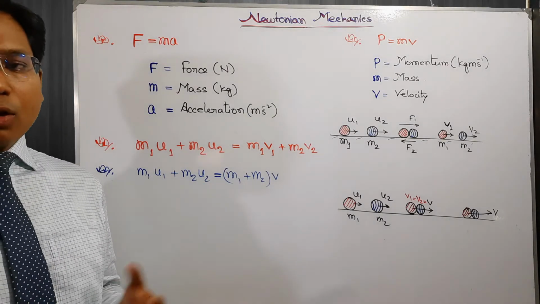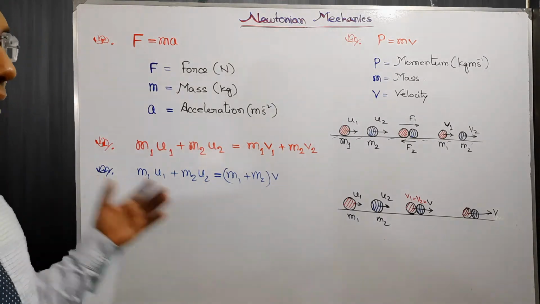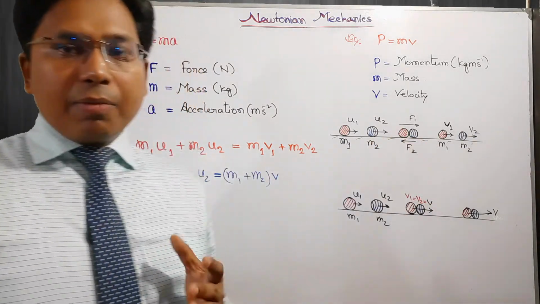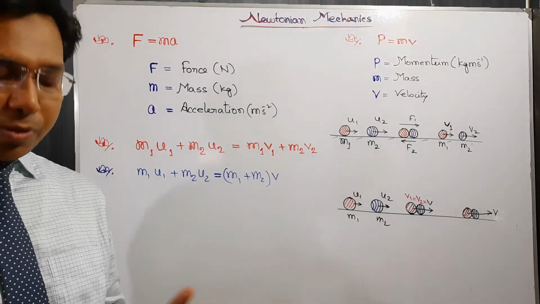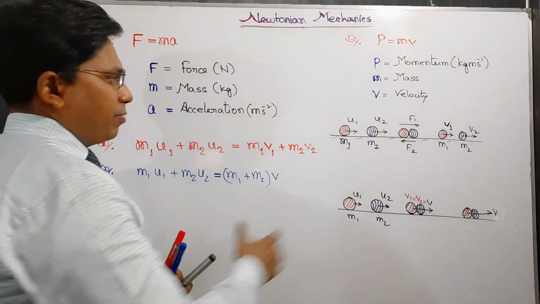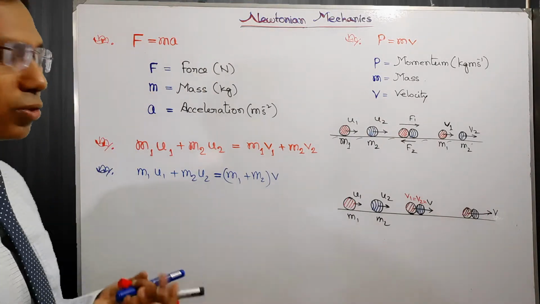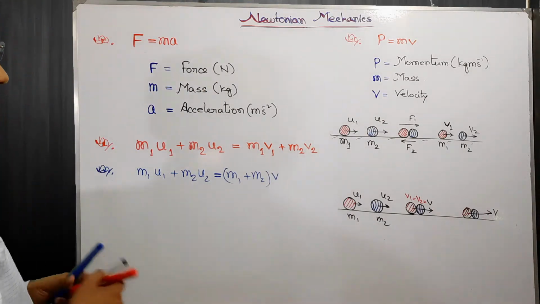Another phenomenon we can explain here is called the energy conservation law. That means before collision and after collision, energy can be conserved, that is, energy can be equal. And how? Before collision there are two objects moving with some velocity, so they have some energy.